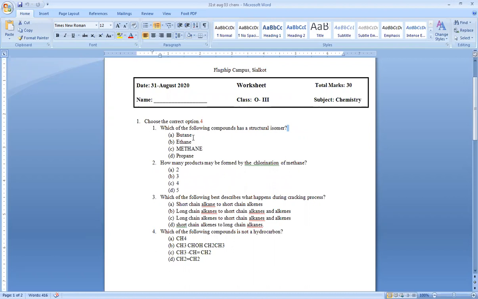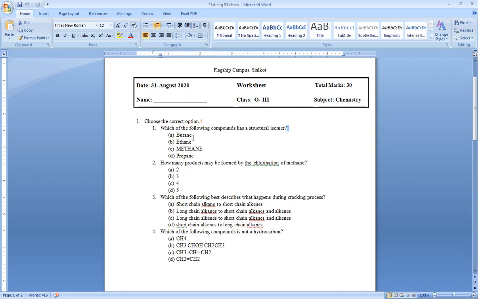Now, moving towards the next question, we have how many products may be formed by the chlorination of methane? We studied the phenomena of halogenation. Halogenation was the phenomena in which we studied how the halogens, the members of group 7, are added into the alkenes.